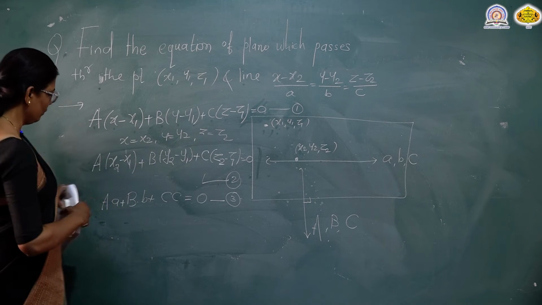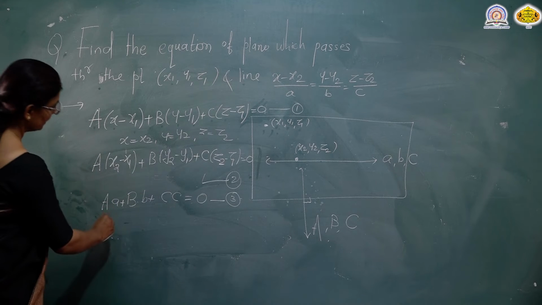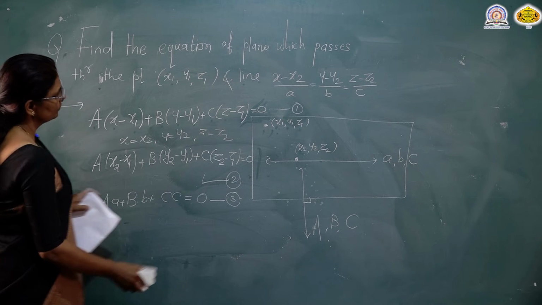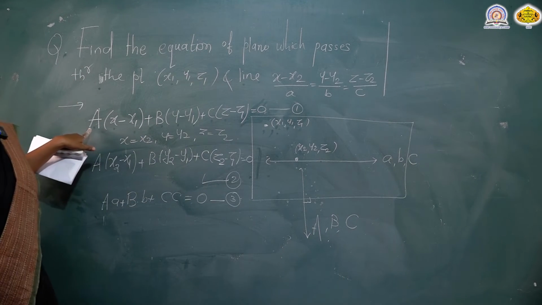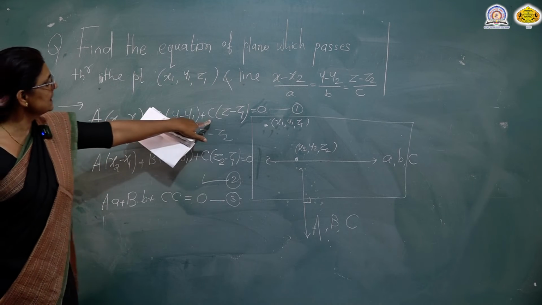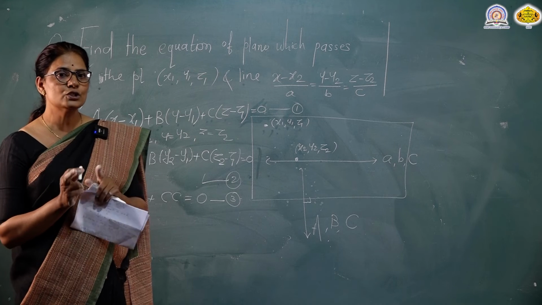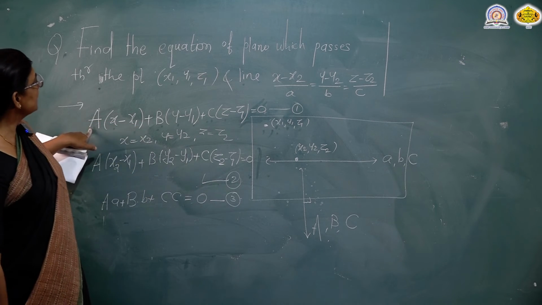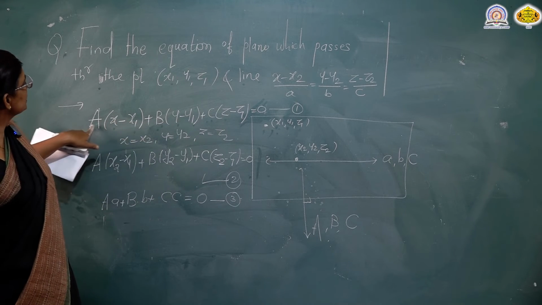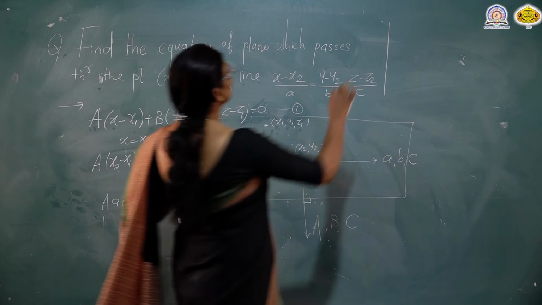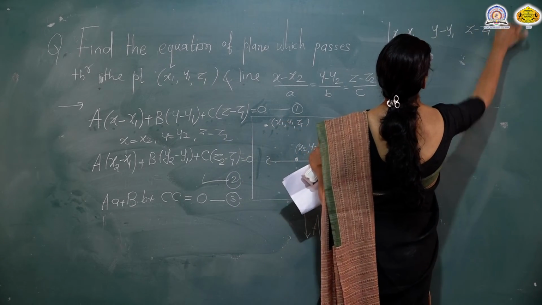So for that, eliminating capital A, B, C from these three equations, we have the determinant. Write the coefficients of capital A, B and C. We have to eliminate capital A, B, C from these equations. So write a determinant whose first row is from equation 1 by taking the coefficients of capital A, B, C. So that are x minus x1, y minus y1, z minus z1.